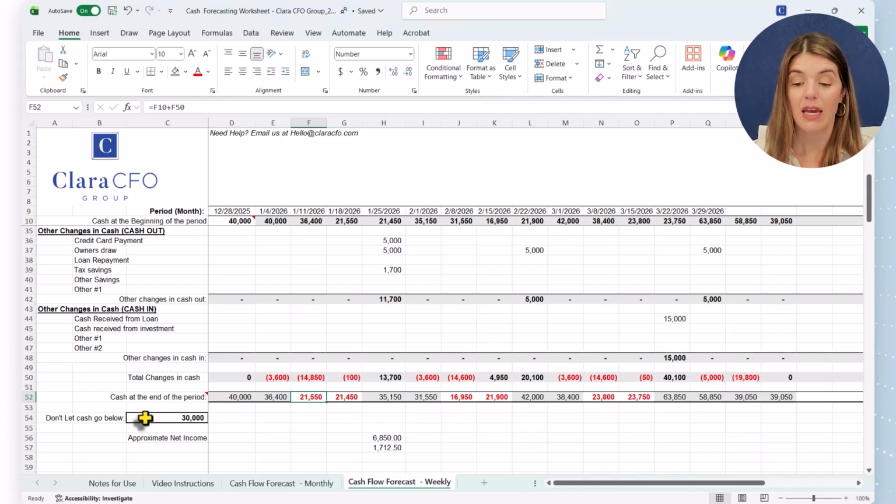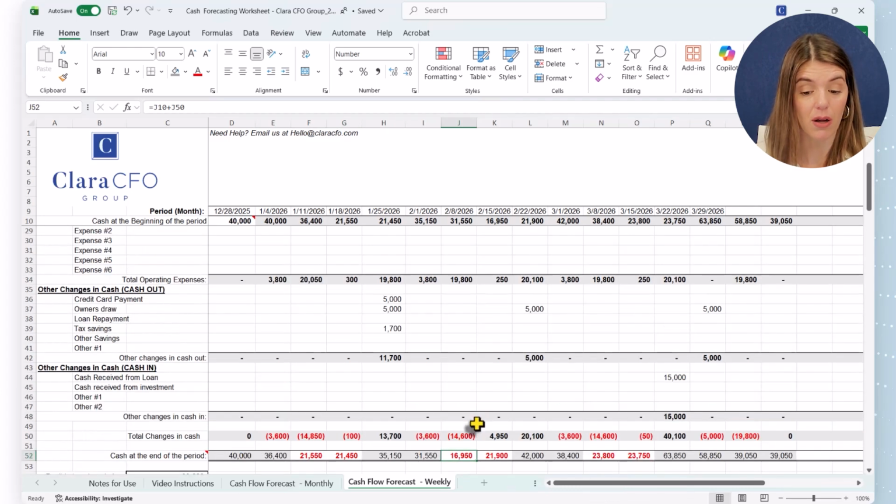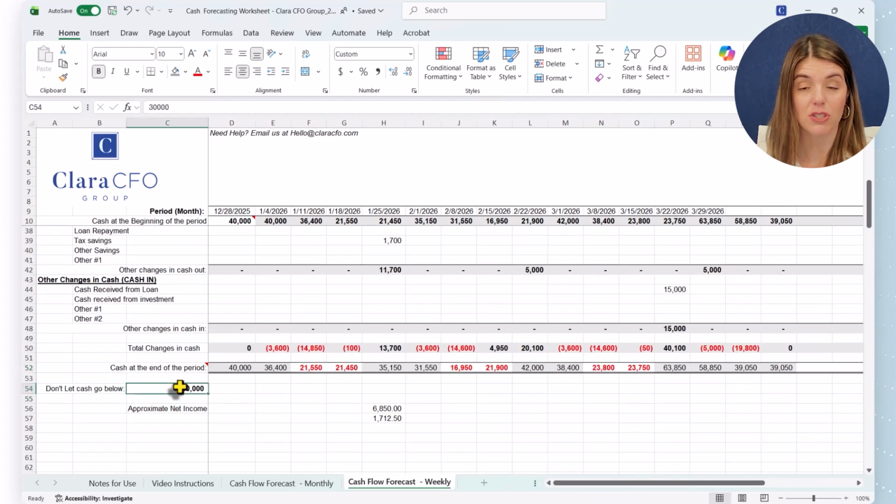So if you say, hey, we don't want our cash to go below 30,000 because that's an uncomfortable number for us, the spreadsheet will highlight those times. So it'd be okay, this is a kind of dangerous amount, especially when you get into February, we're getting pretty low on cash. That's helpful to flag potential cash flow issues.